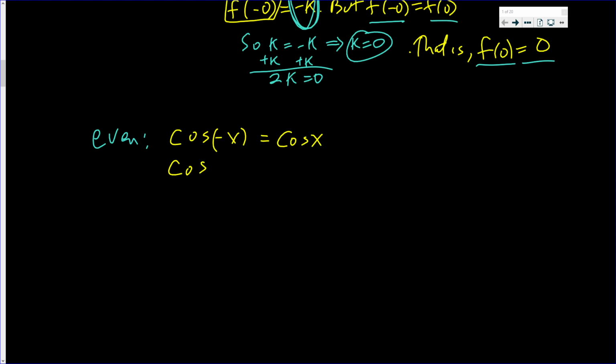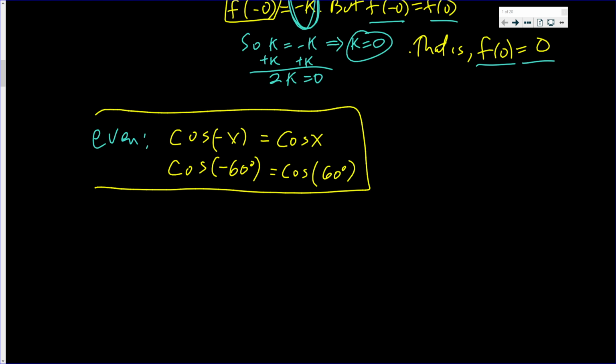If somebody asks you to find on your calculator the cosine of negative 60 degrees, you can save some time and just type in the cosine of 60. Get the same answer. They're equal. Why? Because the cosine function is even.